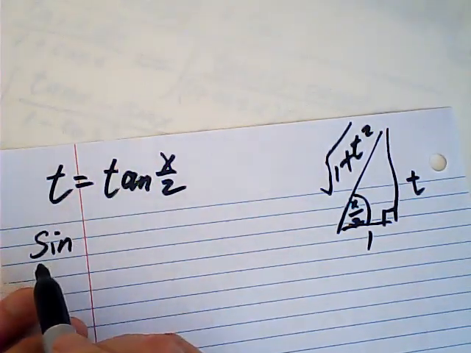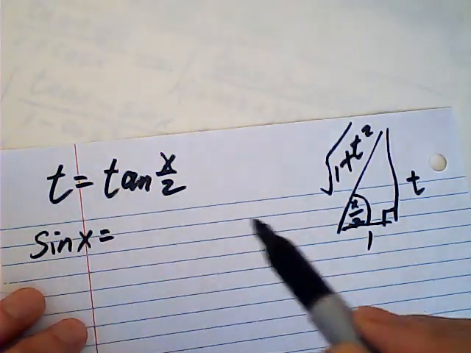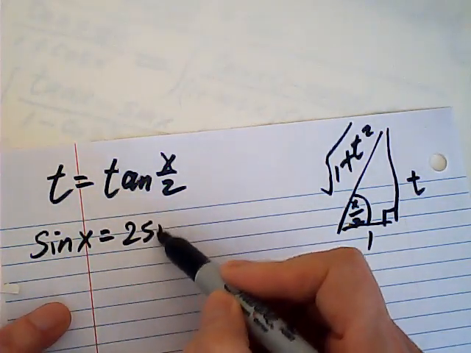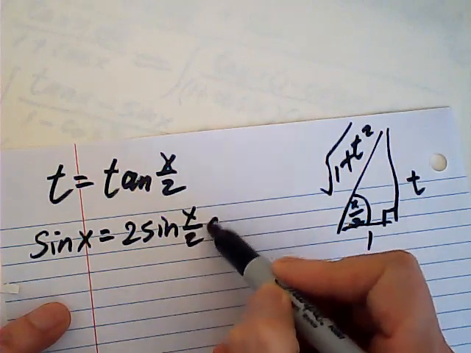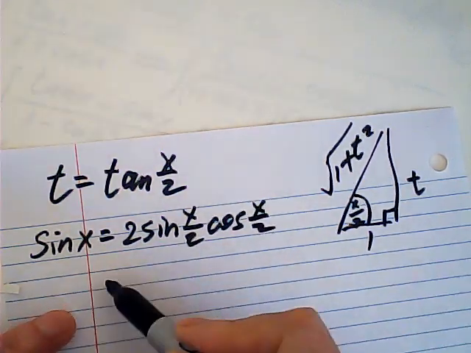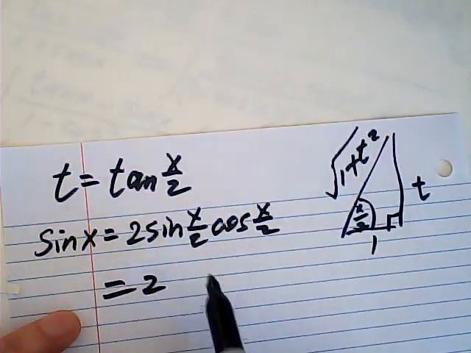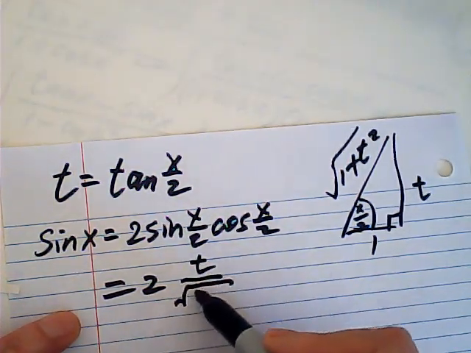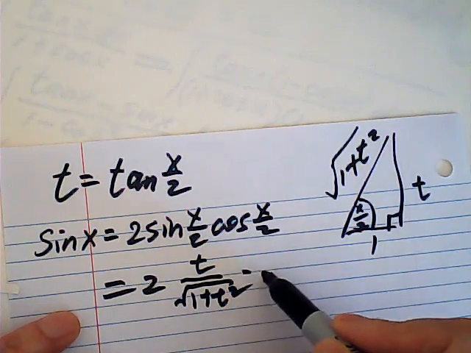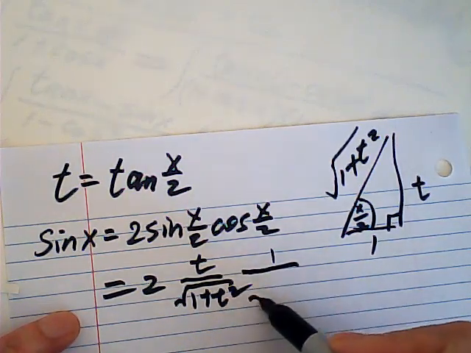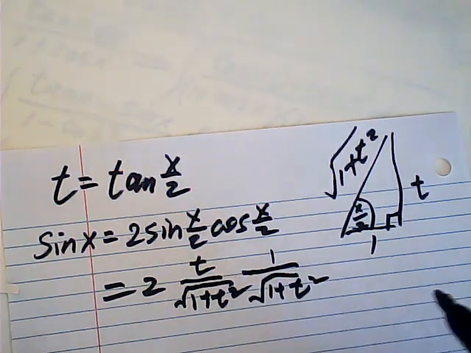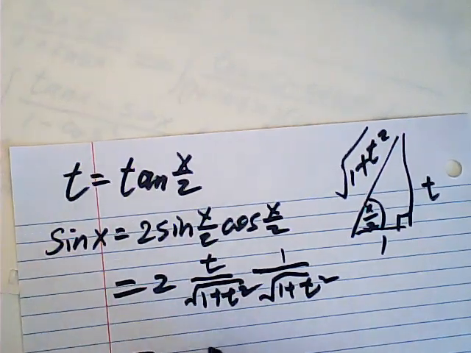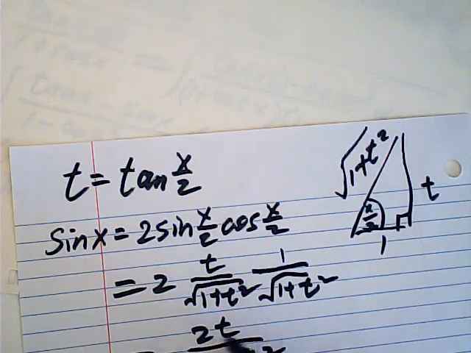Sine x is equal to twice sine half of x cosine half of x, right? So sine half x is t over square root of 1 plus t squared. Cosine is 1 over the square root of 1 plus t squared. Therefore, sine x is 2t over 1 plus t squared, see?